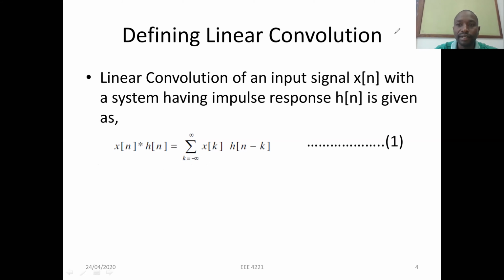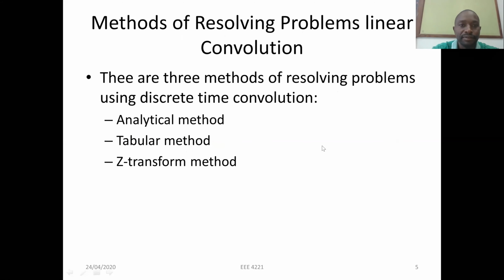Now, I want us to move further by looking at the methods of resolving problems in linear convolution. Remember, I said there are two types of convolution, linear and circular. Let's begin with linear, and under linear, we'll look at three methods of resolving problems in convolution of discrete time signals.